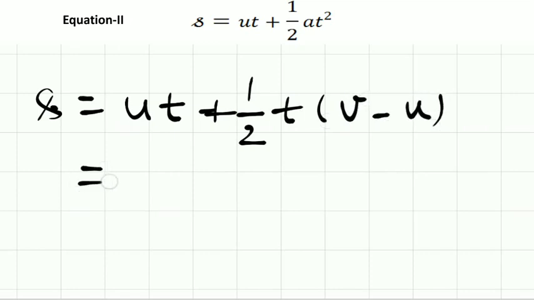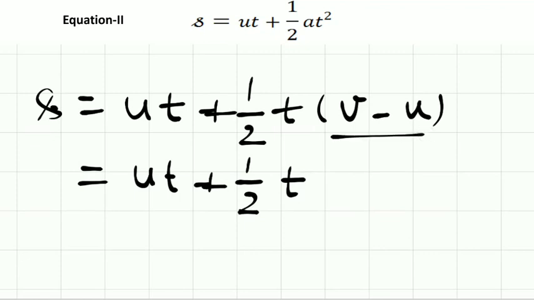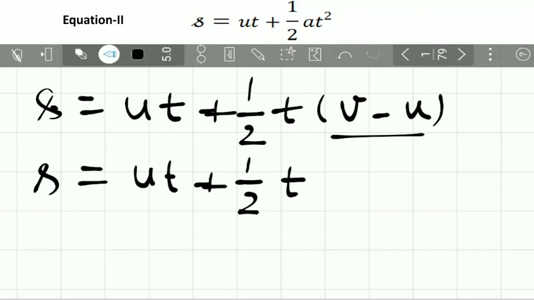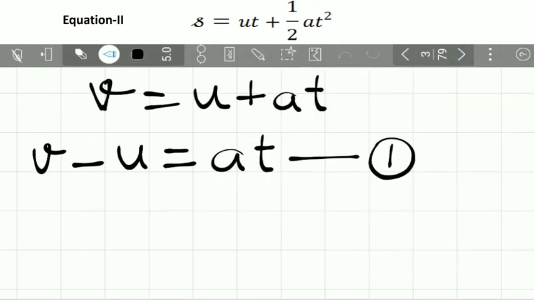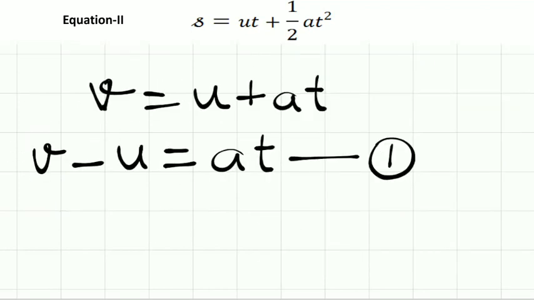Now take this ut as it is plus half t as it is. Now watch this v minus u. Watch here in equation number 1, the value of v minus u is equal to at.